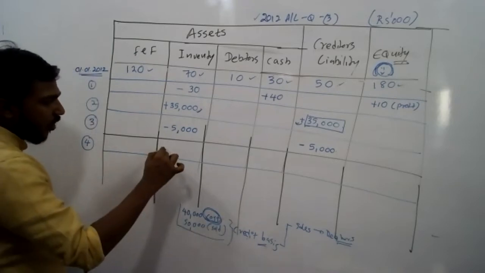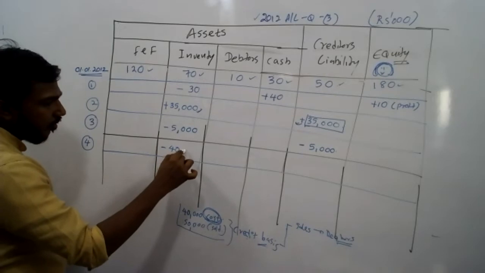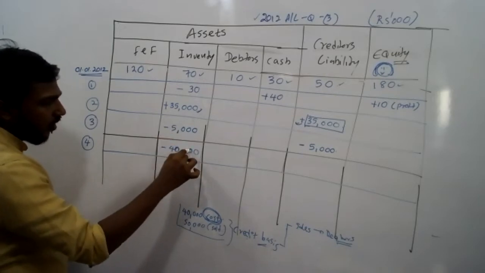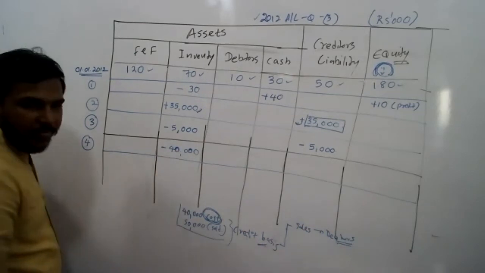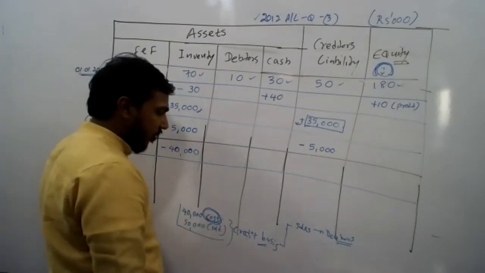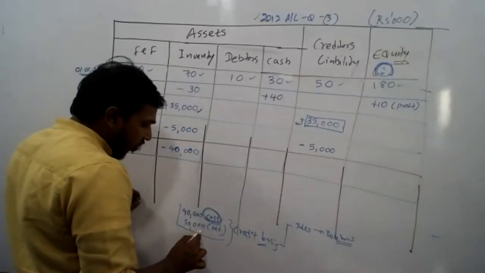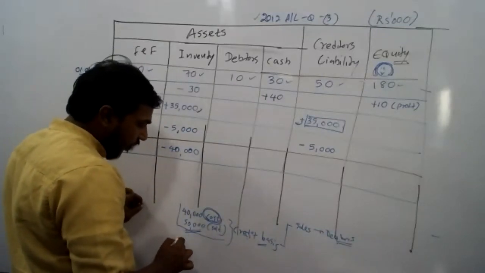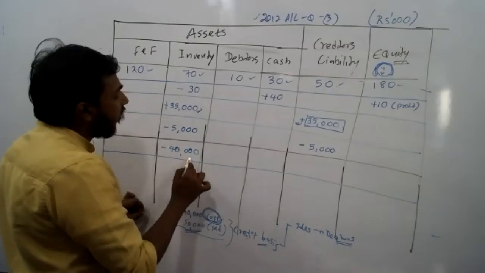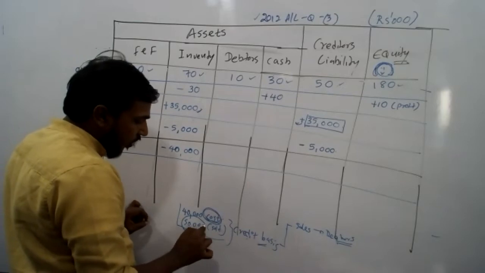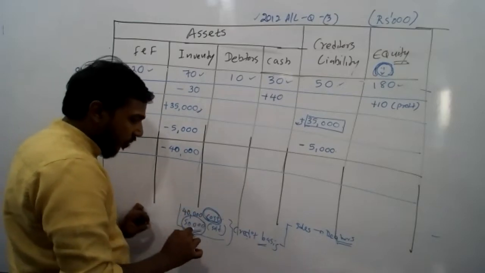Then stock is decreased by 40,000, and you have sold this for 50,000.